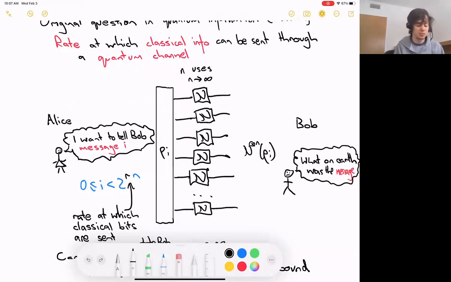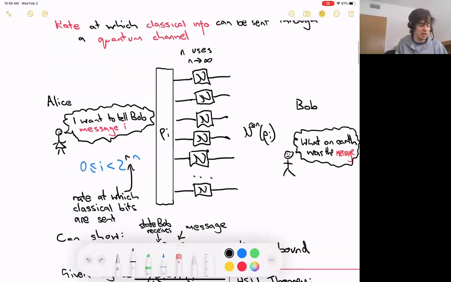And then Bob is going to receive a noisy version of rho_I, with n copies of the channel \mathcal{N} applied to it. And then Bob wants to use that information to work out what I was, the message that Alice sent. So it's a very basic fundamental question you'd want to ask.